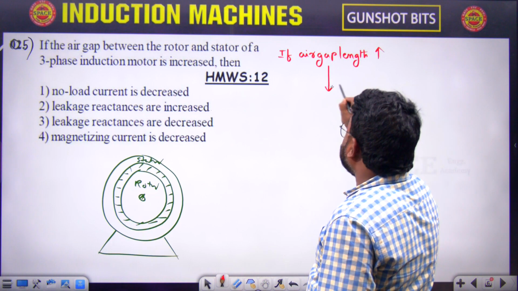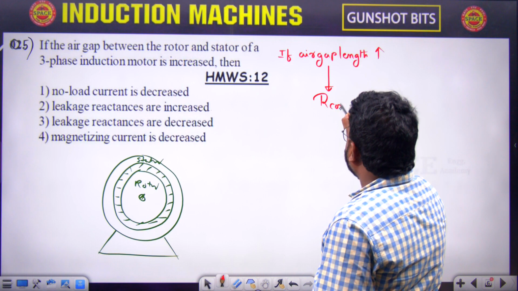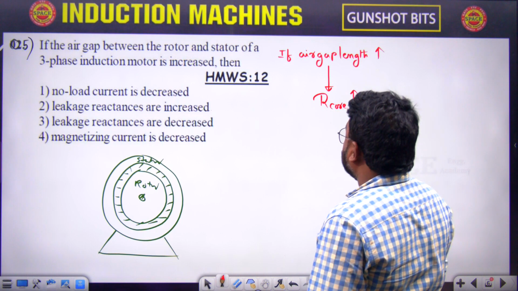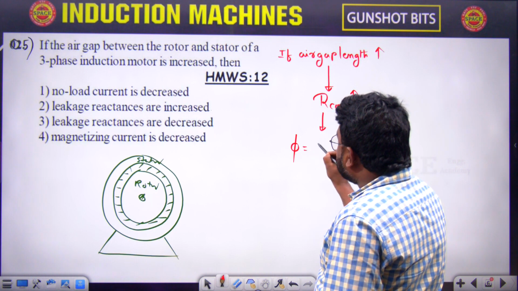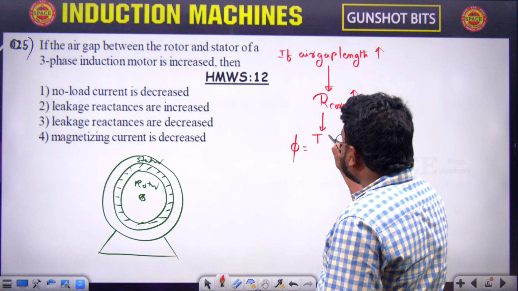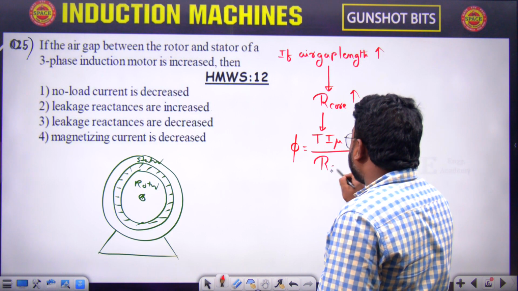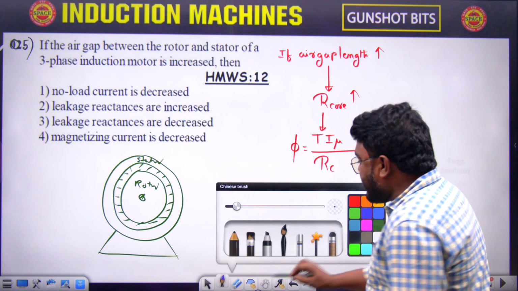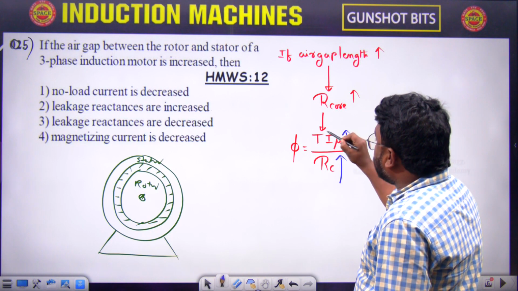The reluctance of the core will be increased. We know the flux is equal to the mmf, ampere turns multiplied by magnetizing current, divided by the reluctance of the core. So an increase in this reluctance increases the maximum magnetizing current.